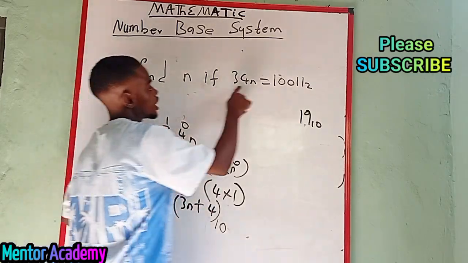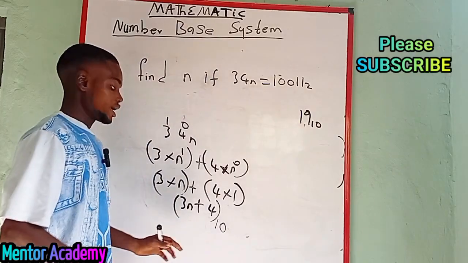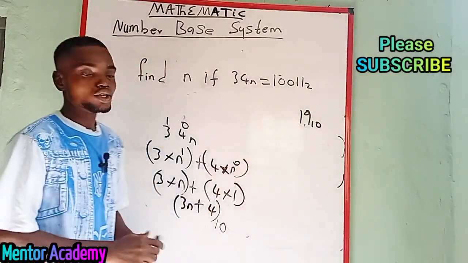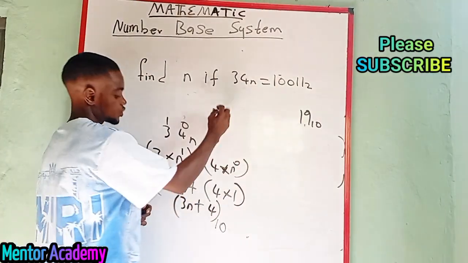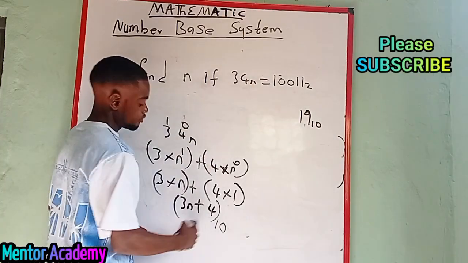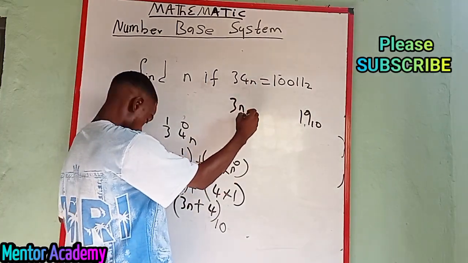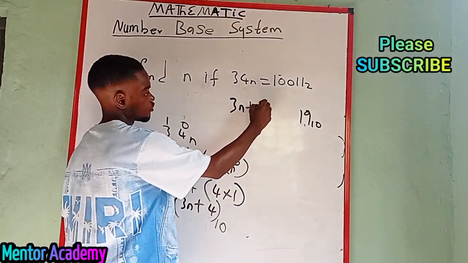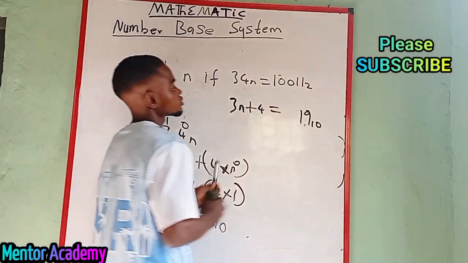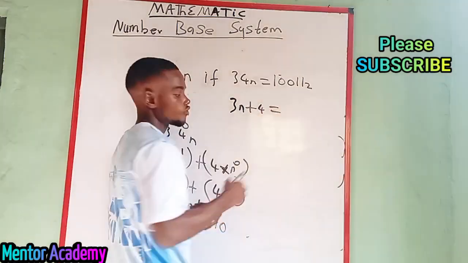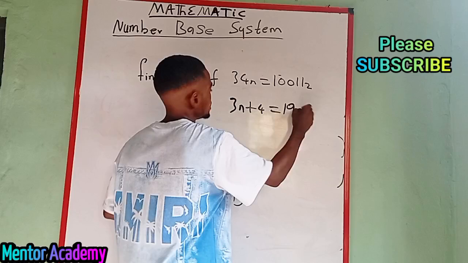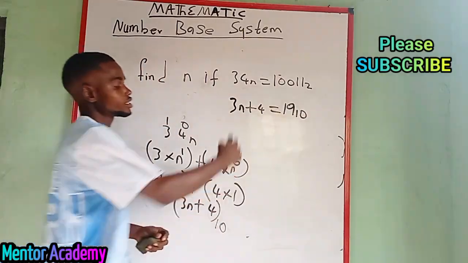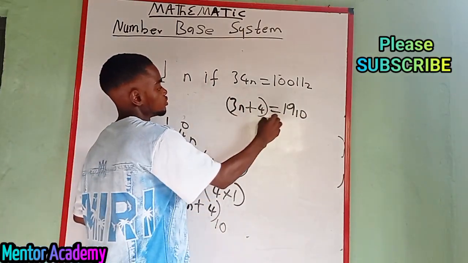Now if these numbers are equal, and we convert them to base 10, they're also going to be equal. So we're going to align the numbers we have in base 10. This number now in base 10 is 3n plus 4, which is equal to this number which we converted to base 10 as 19. Remember that these numbers are in base 10.